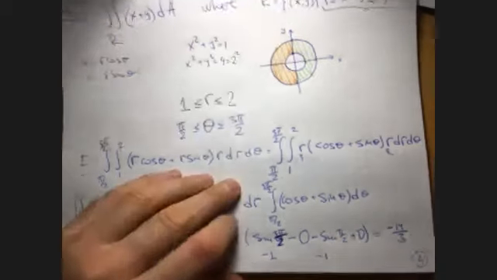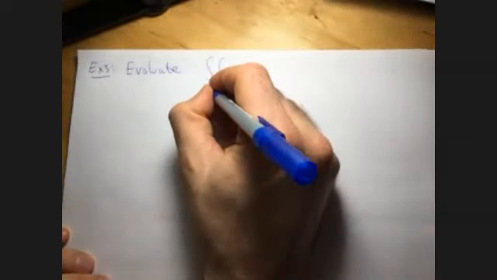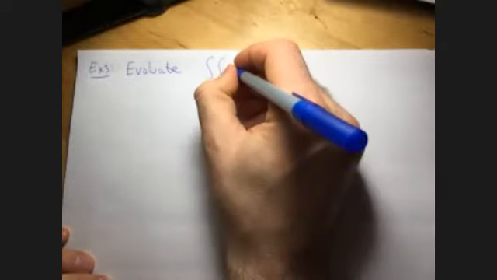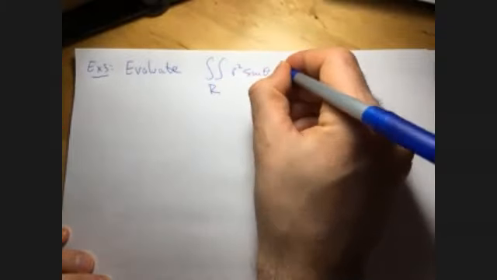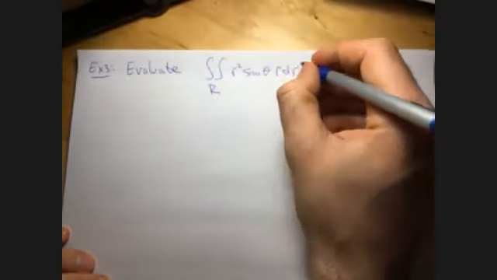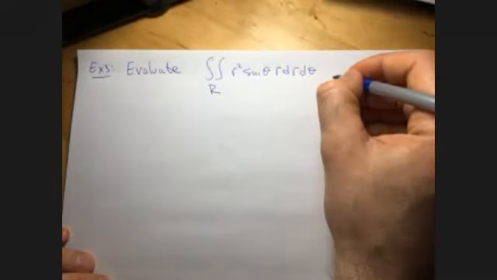Okay, if there are no questions, let's start with some serious stuff, okay? So example number 3. The double integral over the region R, r squared sine of theta, r dr d theta, okay?